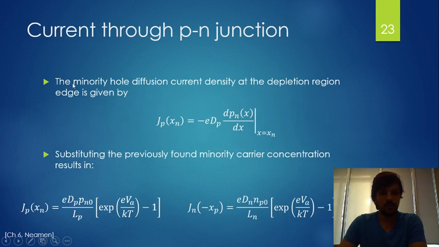Now that we have the gradient of minority holes, we can plug this into our diffusion equation to figure out the diffusion current density. Then if we substitute this into the previously found concentrations, we can find the minority hole current and minority electron current at the junction, which has this exponential component to it.